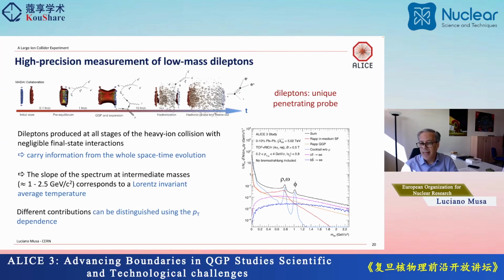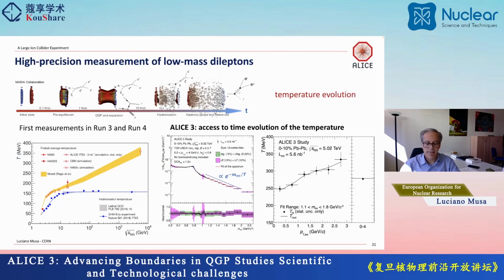So we have a very large background, and in order to have these measurements carried out with enough accuracy, we need to have very precise measurements of these various background sources, which is what we believe we can achieve with ALICE 3. Already with ALICE 2, we will have quite a good measurement.